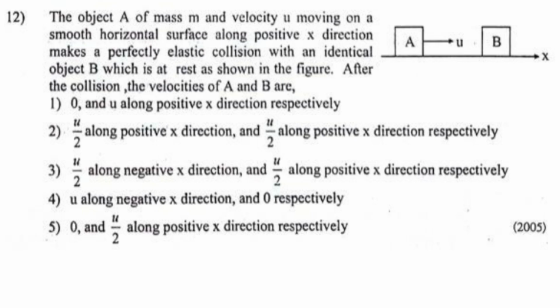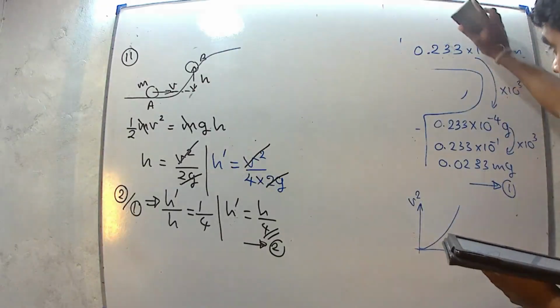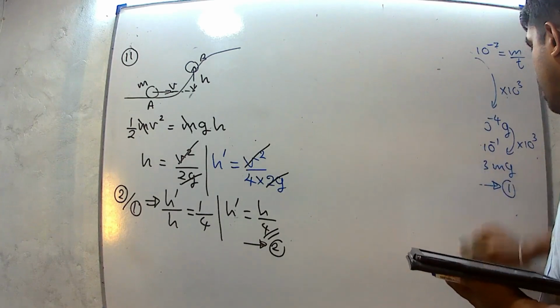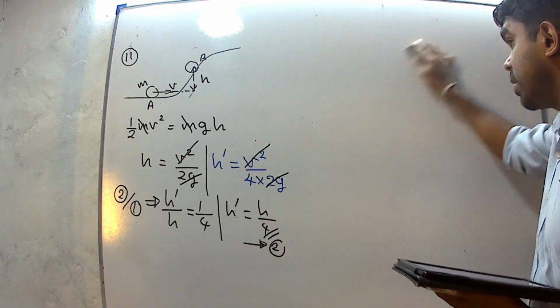Then question number 12. The object A of mass m and velocity u moving on a smooth horizontal surface along the positive x direction makes a perfectly elastic collision with an identical object B at rest as shown in the figure. After the collision, the velocities of A and B are. There are two identical objects.